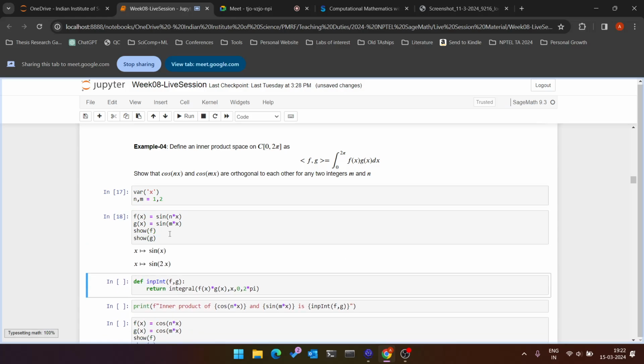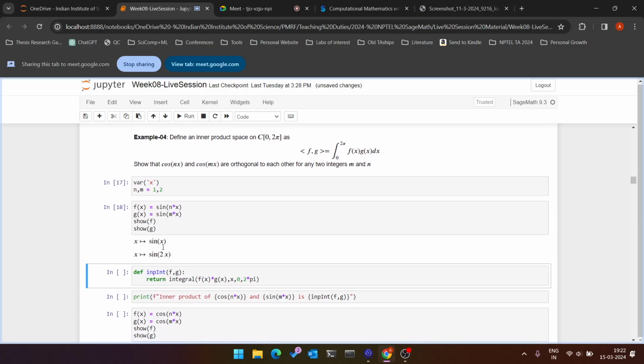If I show them, this is how the maps look like: x going to sine x and x going to sine of 2x. The inner product between f and g is basically the integral of f of x times g of x for x varying from 0 to 2 pi, which is the definition that we have been provided with.